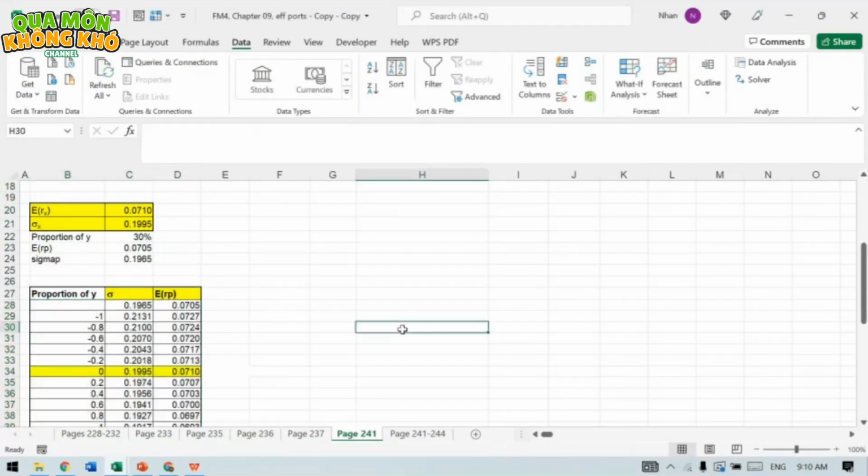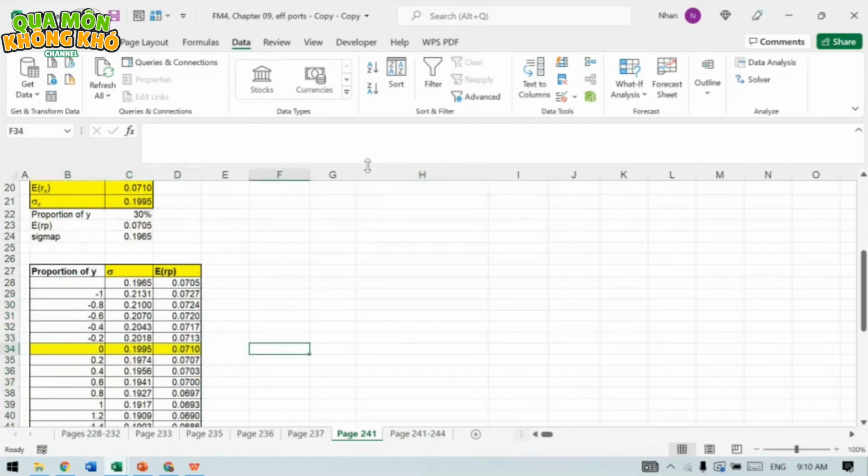Yes, I have here, and then I graph it, and you can see the portfolio X on the frontier.